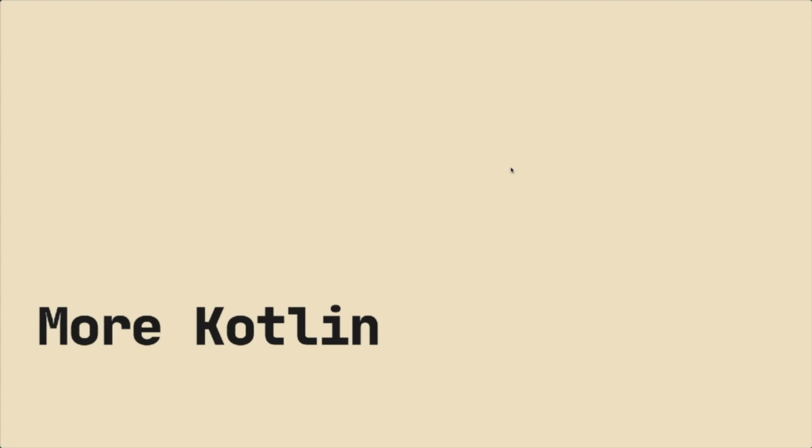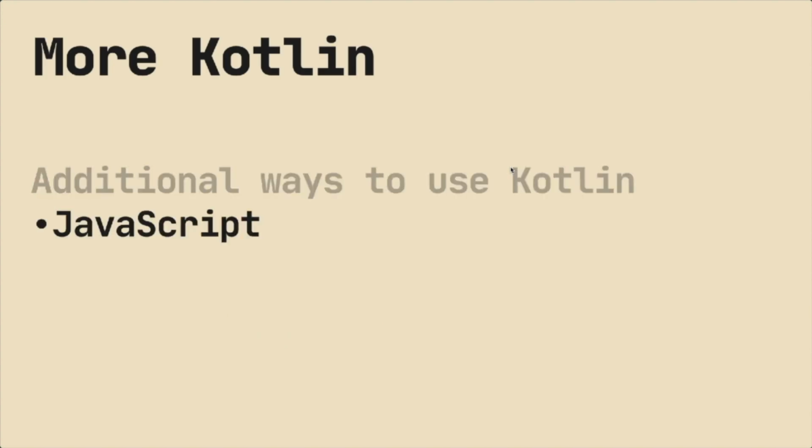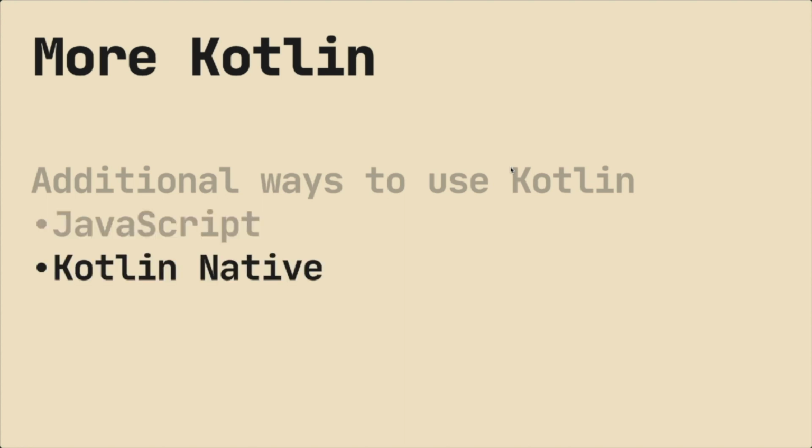So, more Kotlin, just wrapping it up here with a few other areas where you could apply your Kotlin knowledge. Like I said, the support for JavaScript is still coming along. It's not 100% there in all areas, but it is possible to write Kotlin that targets JavaScript and use it to build something like a React application, which is pretty fun.